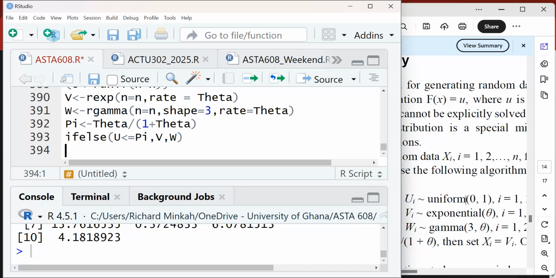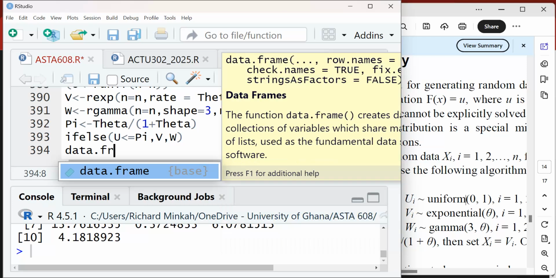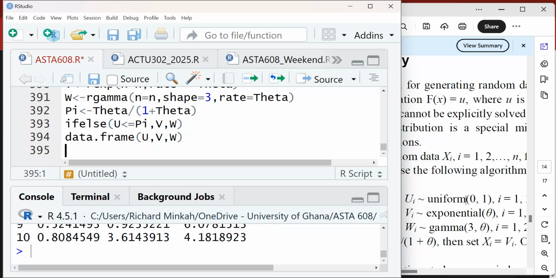Is that okay? So let me see, data.frame. Then we have U, and then V, and then W. So let's do that and check.